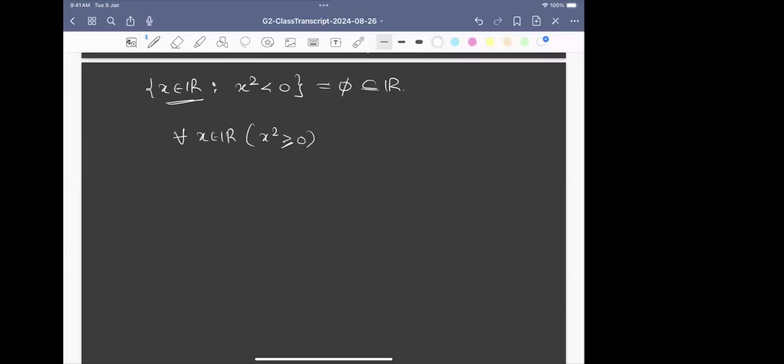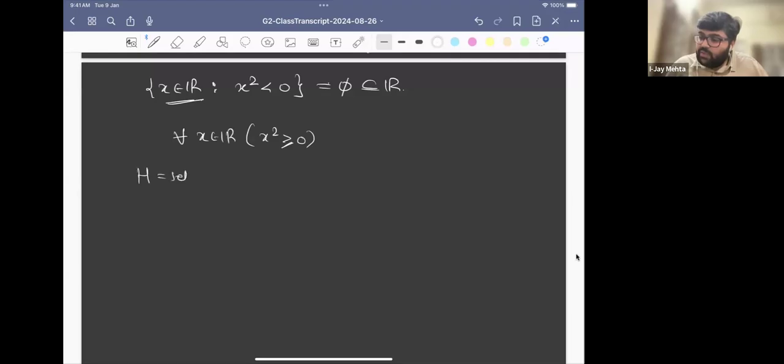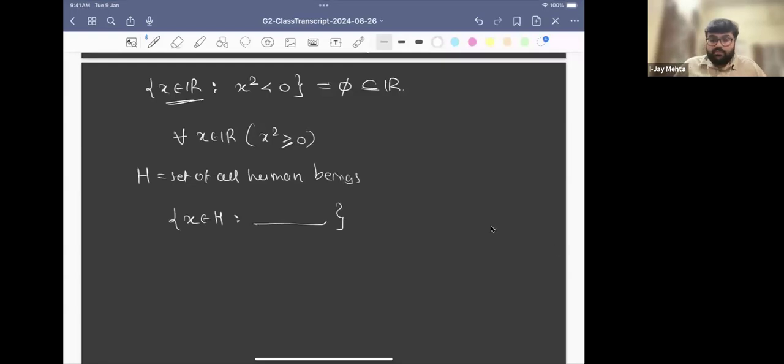Okay. So if I give you set H equals to set of all human beings, can you quickly give me some properties such that this set is empty set, X in H such that... If I say that X's name is J, then every J will come in the set. So I don't want any element in the set. Can you think of something?